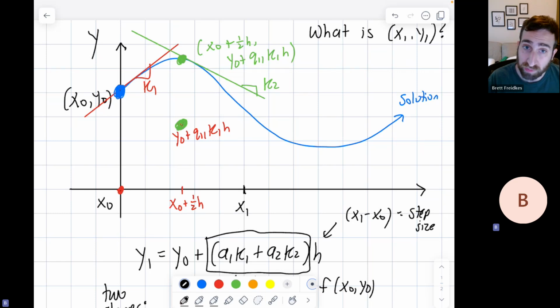Basically, we're using what we currently know and what's ahead of us to try to actually get an estimate of what the next point is. That's our objective. Because really what we're trying to estimate is this point x1. So if I were to take the average of those two slopes, maybe it gives me a slope that looks like this. And that might give me my next point. That's the conceptual idea behind it.